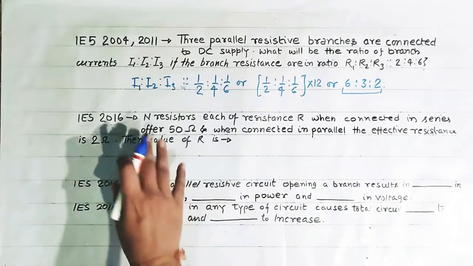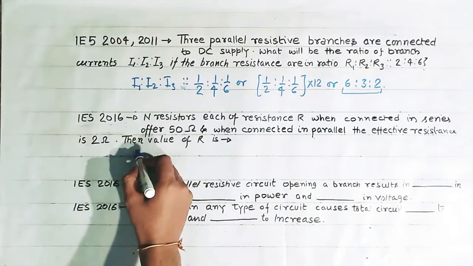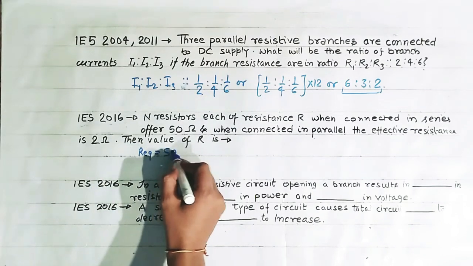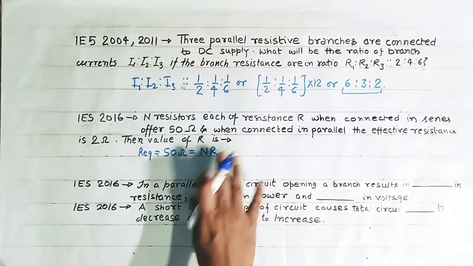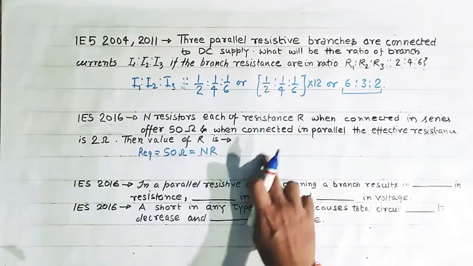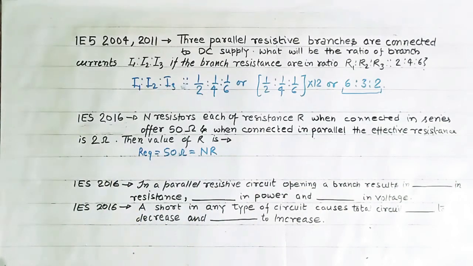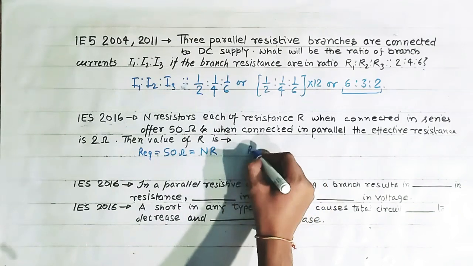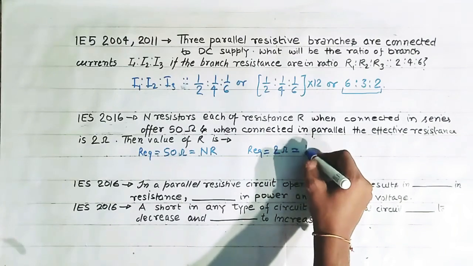So n resistances when connected in series, the equivalent resistance is 50 ohm, and that is equal to n into R. The second part says that when these resistances R are connected in parallel, the effective resistance value is 2 ohm. So when n resistances are connected in parallel, the equivalent resistance is 2 ohm, and that is equal to R by n.